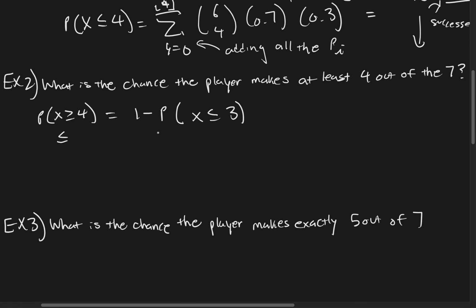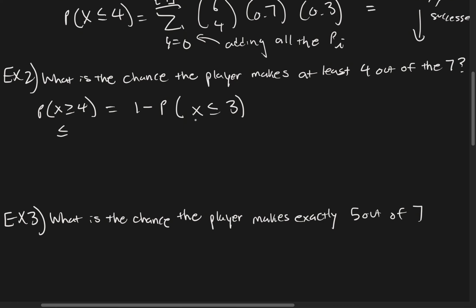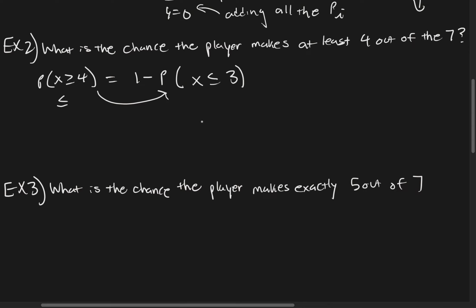So the probability of a player making greater than 4, again, we can't utilize this greater than function, so we say it in a different way. We say the probability of 1 minus the probability of the player making equal or less than 3.